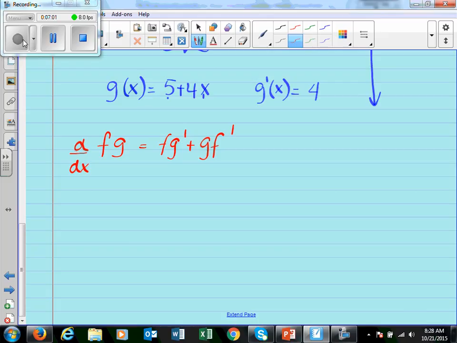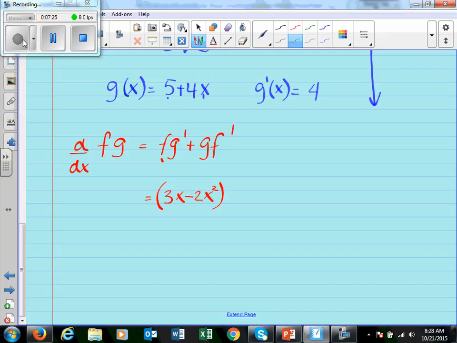Now watch, this is the step you have to make sure you understand really well. f is the original function. What was f? 3x minus 2x squared.